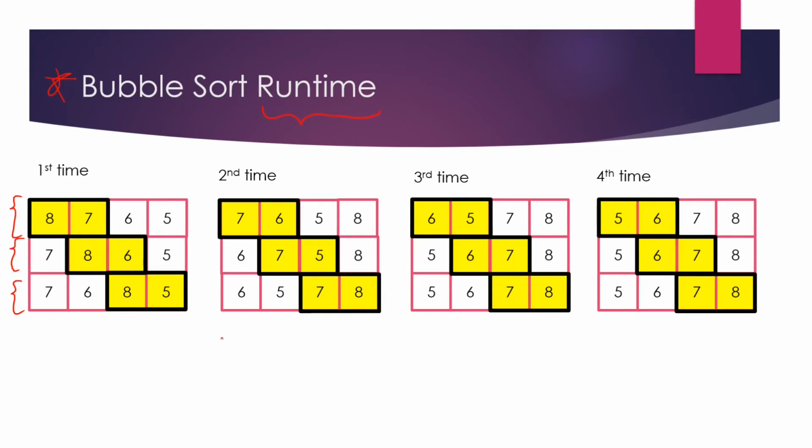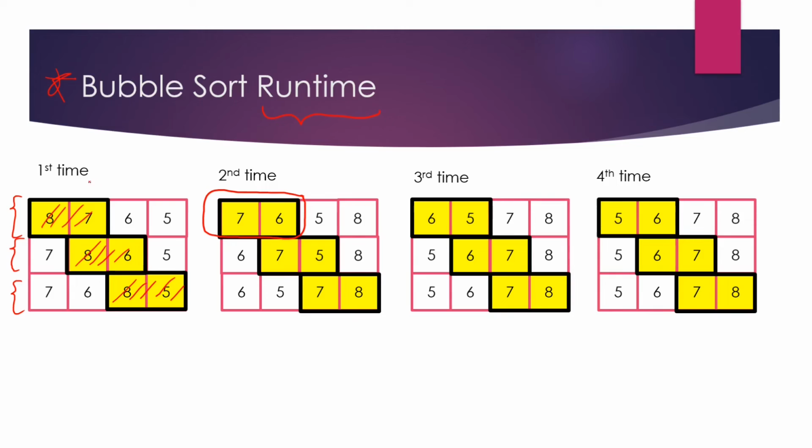Therefore, the runtime is going to depend on how many times the machine compares every consecutive pair. And if you notice, the box with a black border represents the pair. So we only focus on the entire box with the black border, not just a single yellow box. Therefore, the summation of all the boxes with a black border is going to be your runtime.